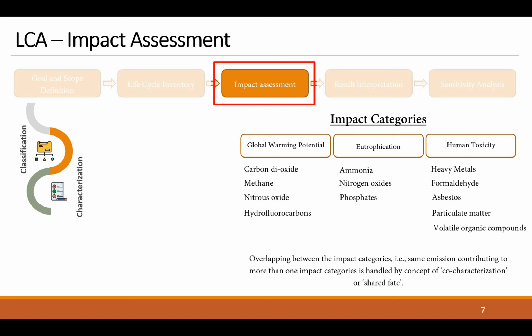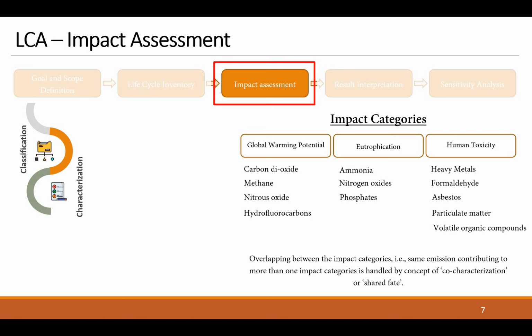Now you can understand that if we consider just one category, that is global warming potential, I listed 4 gases here. But in these 4 gases, each of them has a different contribution to global warming. Equal amounts of methane and carbon dioxide won't contribute equally to global warming.